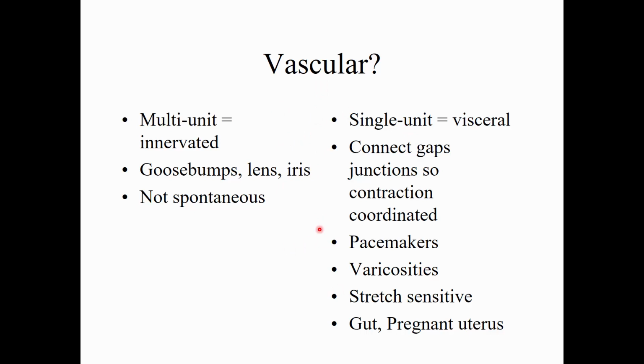So it's important to realize that smooth muscle, every type of smooth muscle in every type of organ, is so unique. The muscle in your small arteries is different than the muscle in your veins, which is different than the precapillary sphincters, which is different than the arterioles, which is different than the ureter, which is different than the urethra, which is different than the uterus, which is different than the gut, which is different than the duodenum, which is different than the ileum, which is different than the colon.